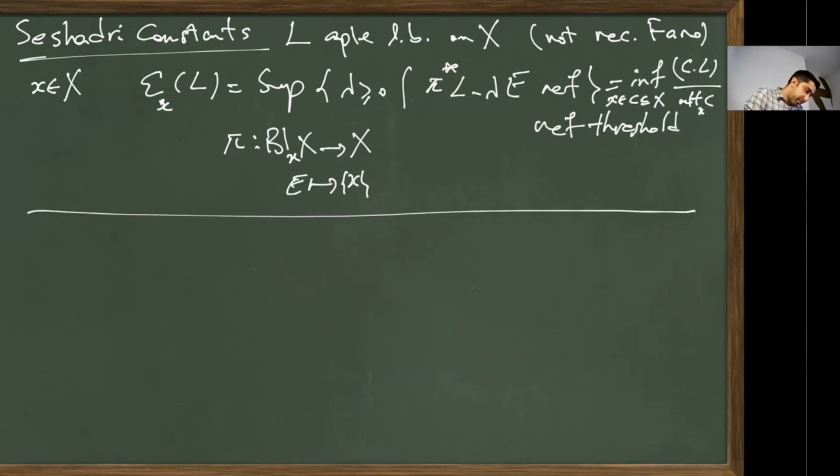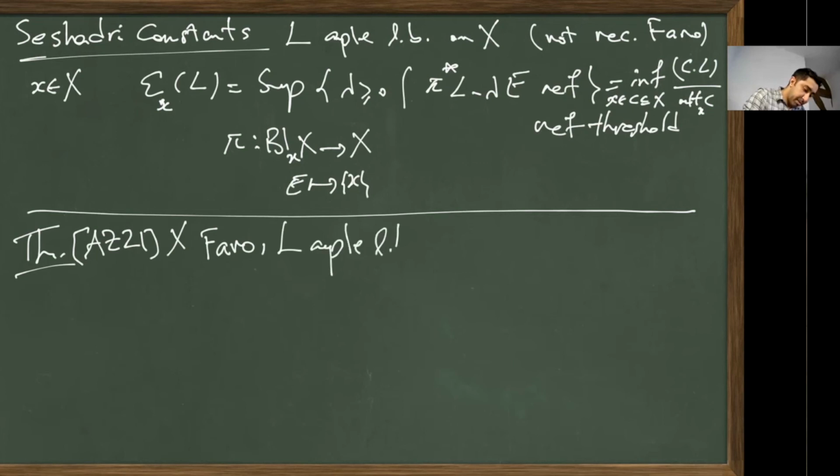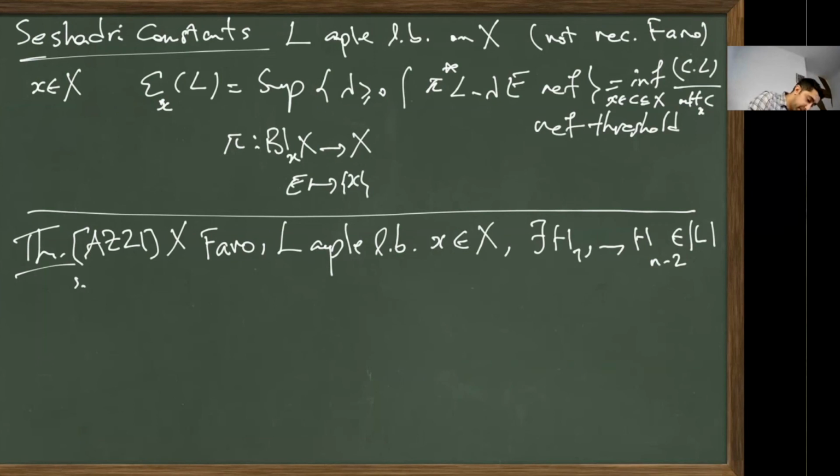and write the theorem we had. So, theorem, which is very similar to the previous one, slightly more powerful. X is Fano, L is an ample line bundle on X, and you take a point x, and assume as before there exist H_1 to H_(n-2), so you have n-2 members in your linear system, such that their intersection contains the point.